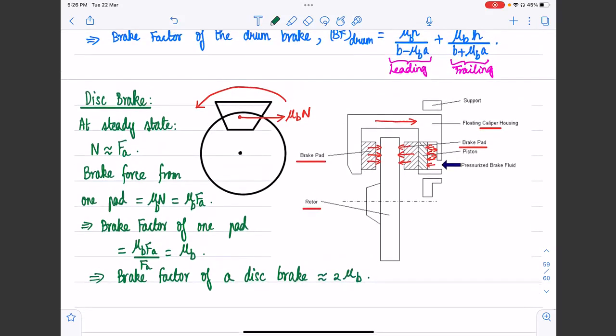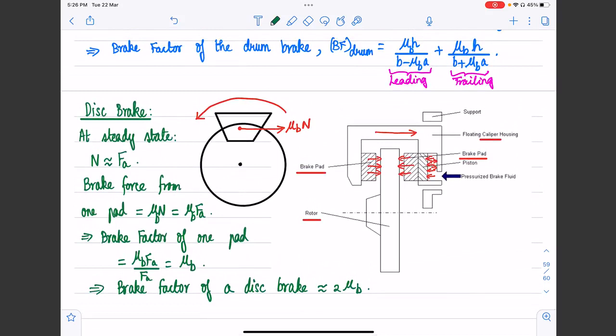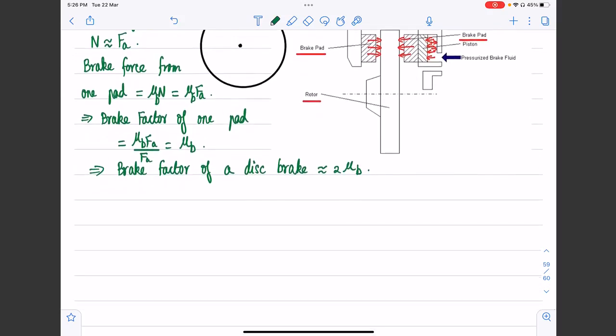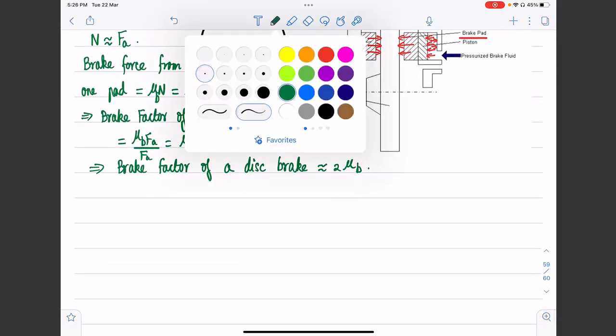So if we look at the brake factor of a drum brake, which is mu_B H divided by B minus mu_B A plus mu_B H divided by B plus mu_B A, and the approximate brake factor of a disc brake, which is 2 times mu_B, we can in fact immediately conclude that for typical brake dimensions, the brake factor of a drum brake is much greater than the brake factor of a disc brake.